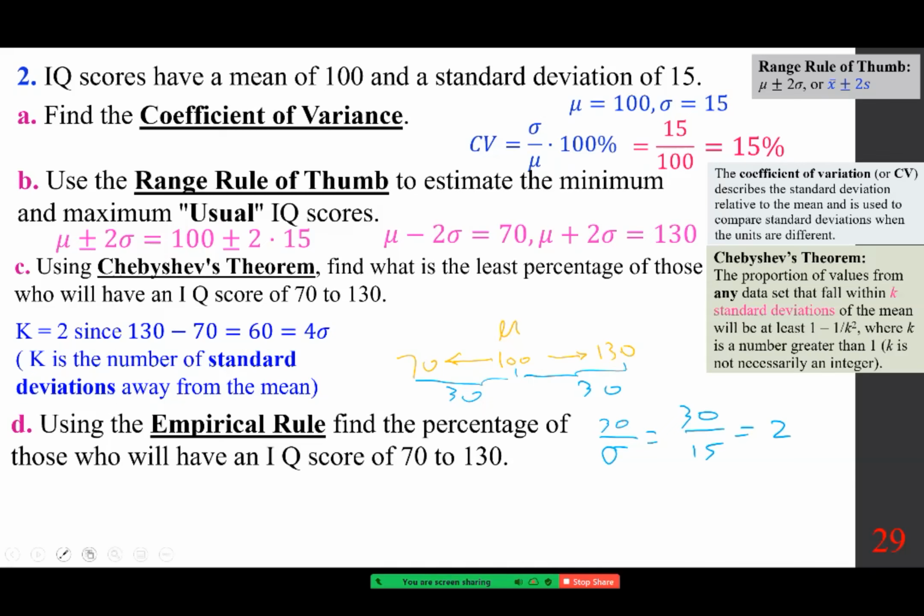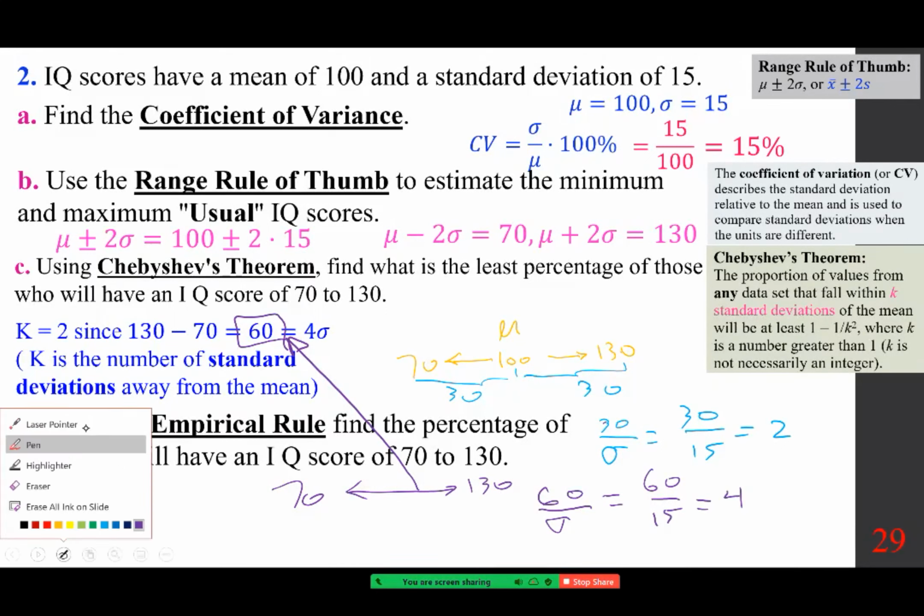The second method, you could say from 70 to 130, the difference is 60. And now this has to be divided by sigma, which is 15, and that means 4. So I want to make sure everybody understands what that means.